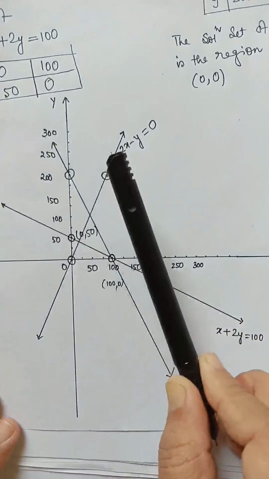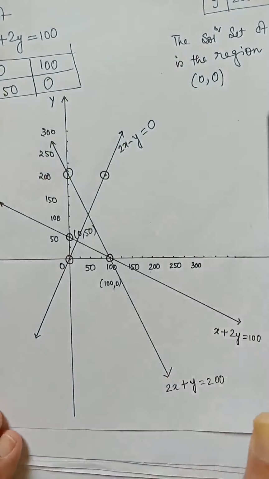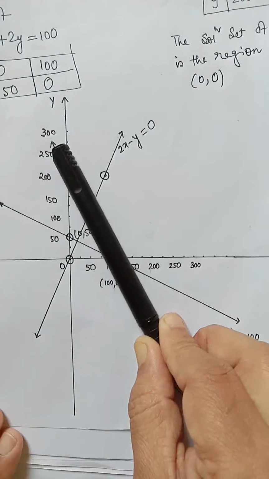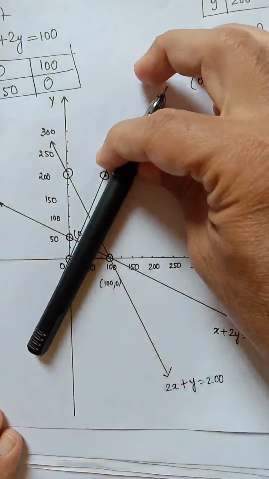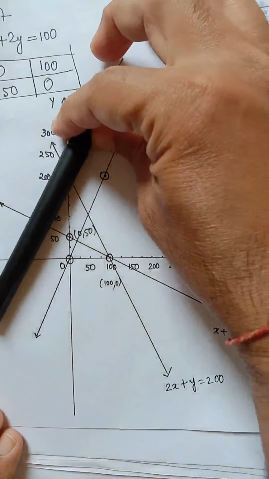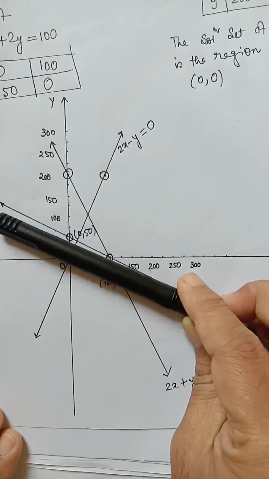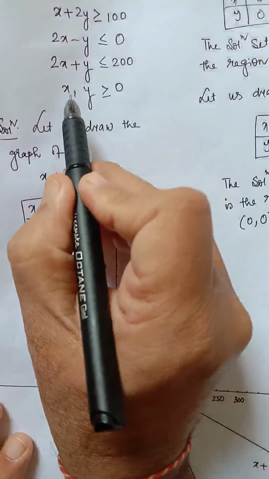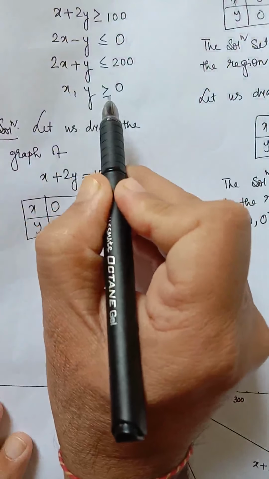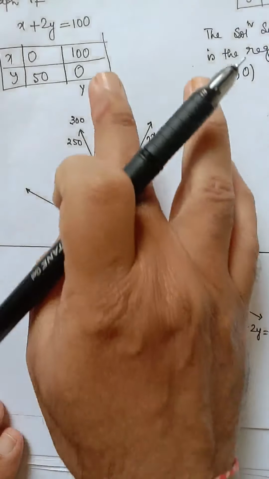Now we have to find the common solution set, the feasible region. For this line, the solution set is this part. For this straight line, the solution set is the upper part, and for this line also the solution set is the upper part. And one more thing you have to remember, x and y more than 0 means the solution set will be in the first quadrant only.